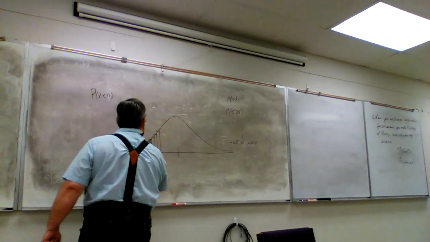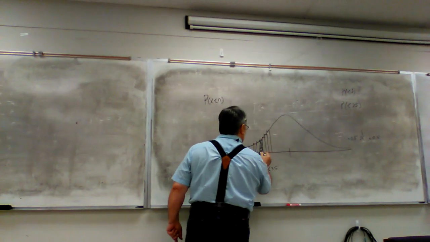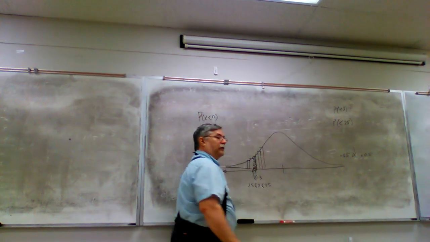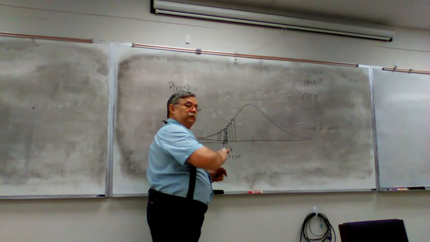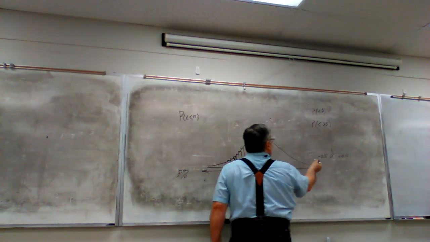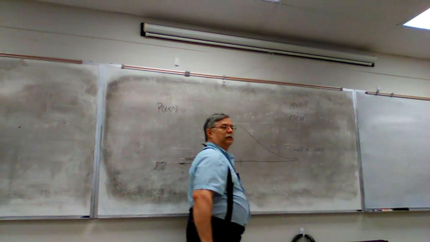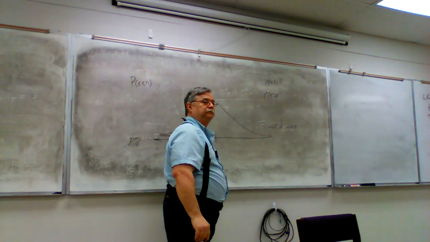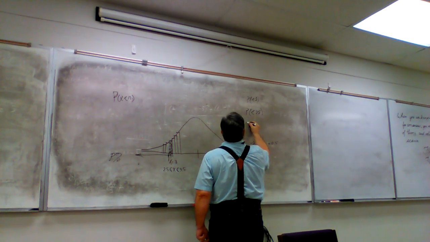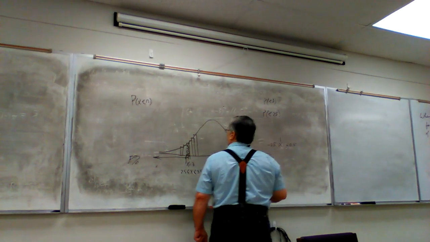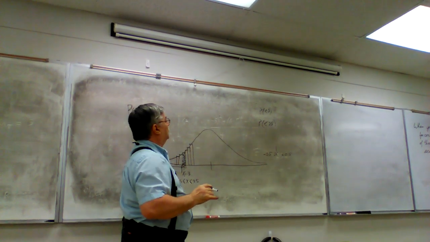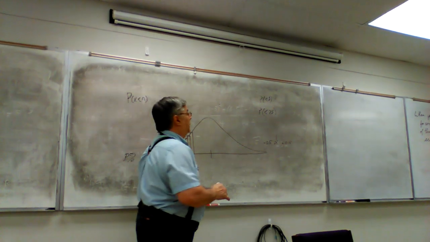Okay? You're saying, because if it's 2.5 or more, it's going to be part of that area. And if you're only interested in what's less than this, then you just move down one boundary, down to the lower boundary. Now that's if you want to know what's less than. What if you want to know what's less than or equal to 3?